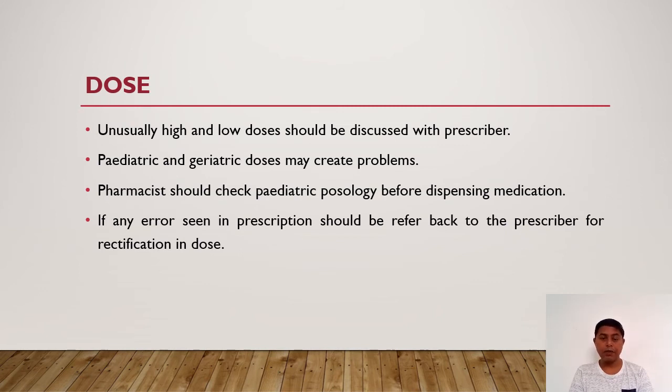Therefore, the doses need to be taken care of. Pharmacists should check pediatric posology before dispensing the medication. It means the pharmacist has to check the doses according to age, weight and body surface area for children so that the dosing pattern is proper. If an error is seen in the prescription, it should be referred back to the prescriber for rectification of doses.